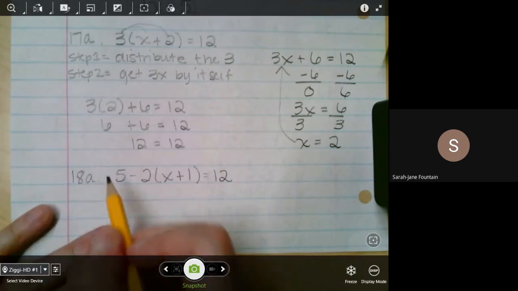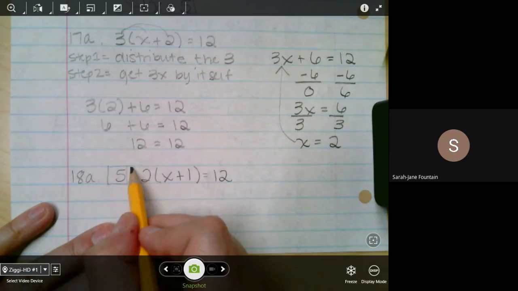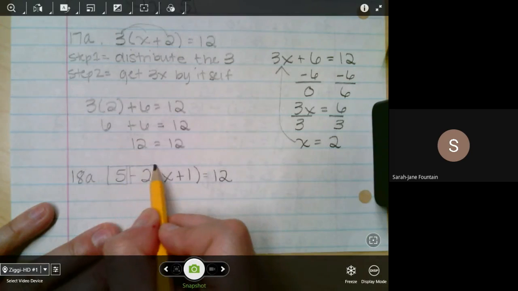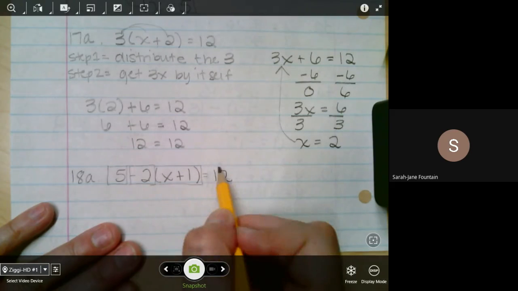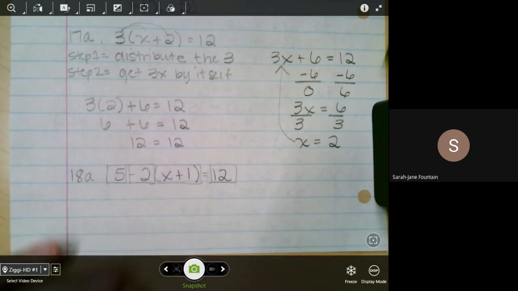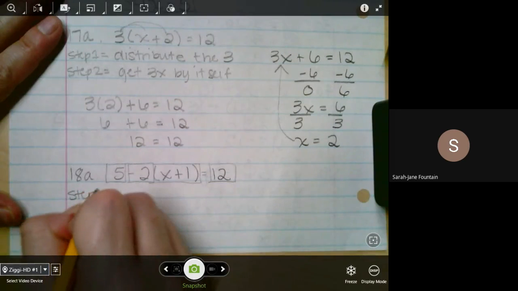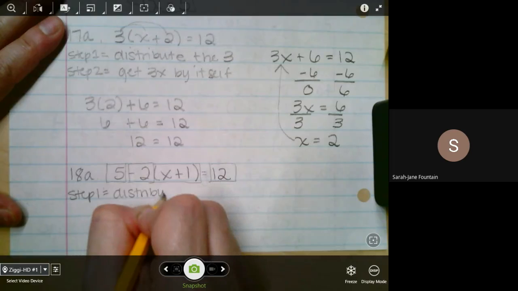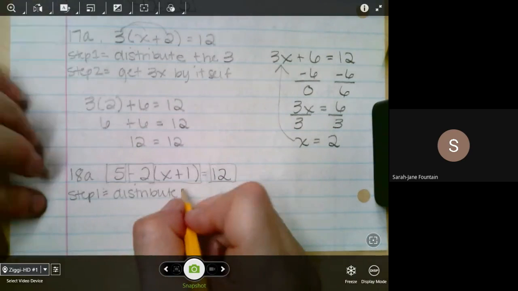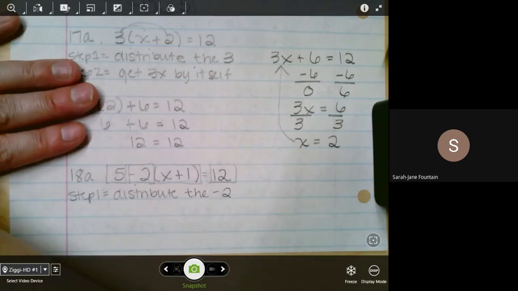Okay, remember, this is one part. This is another part. That's another part. And that's another part. So what I'm going to do is step number 1. Distribute the negative 2.